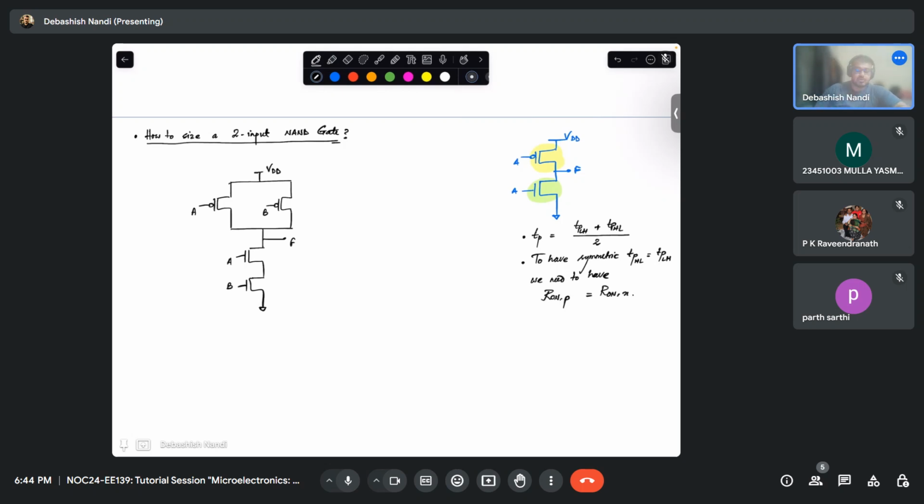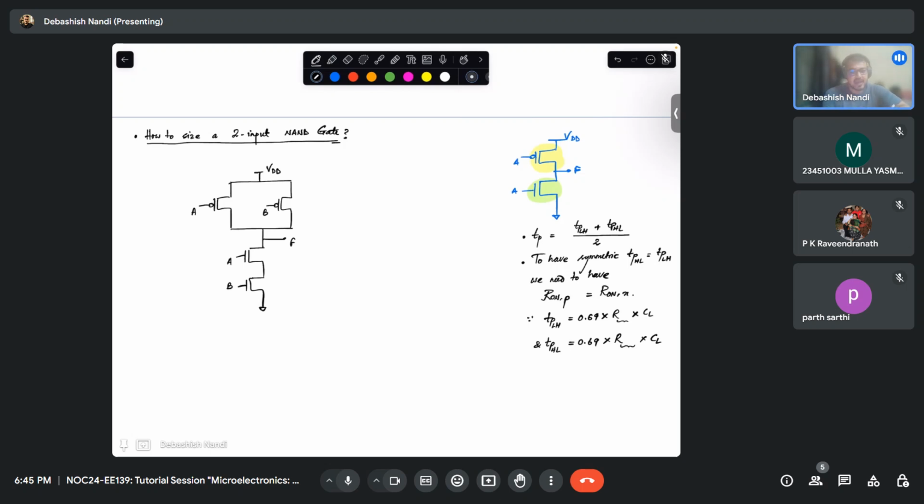Okay. So this we have seen because your TPLH, low to high, is what? 0.69 times CL times R of what? PMOSFET or NMOSFET? You should be able to answer this by now. What subscript should I write? On resistance of what?